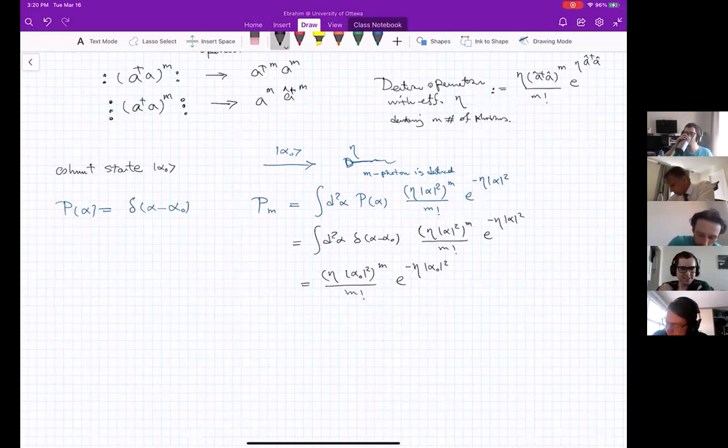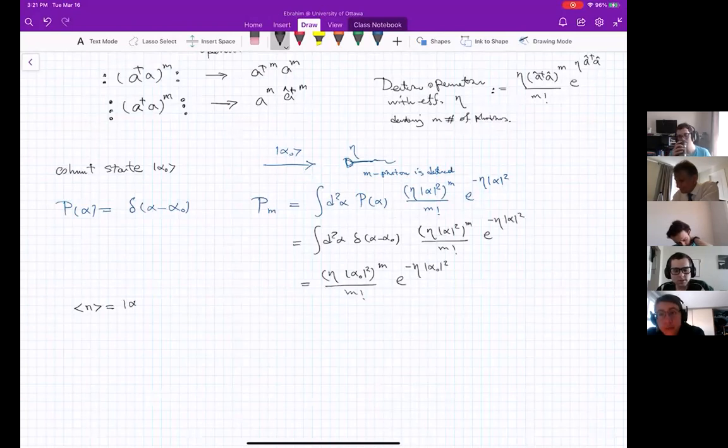Eric, can you tell me what is the mean photon number for a coherent state? The average photon number for a coherent state. No, we have already calculated it. Oh, yes, of course.